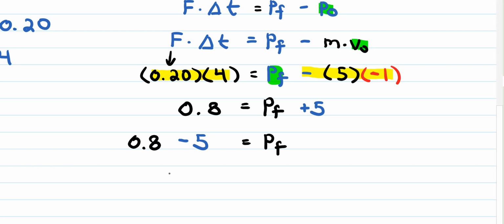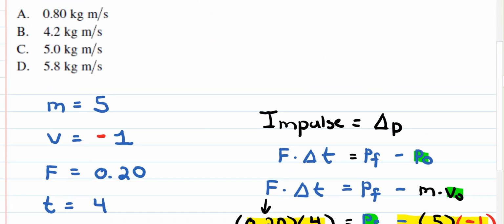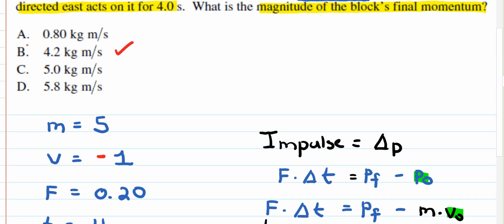And then we get an answer of -4.2 for our final momentum here. Okay, so this negative sign means it's acting in the west direction, but the magnitude here is going to be 4.2, and the units are kilograms times meters per second. So if I go back to my options here, the best option would be option B. The magnitude is 4.2 kilograms times meters per second.